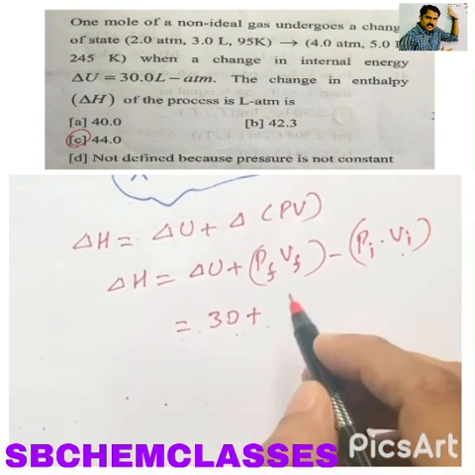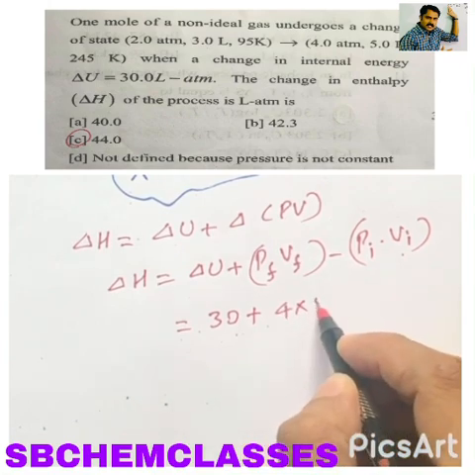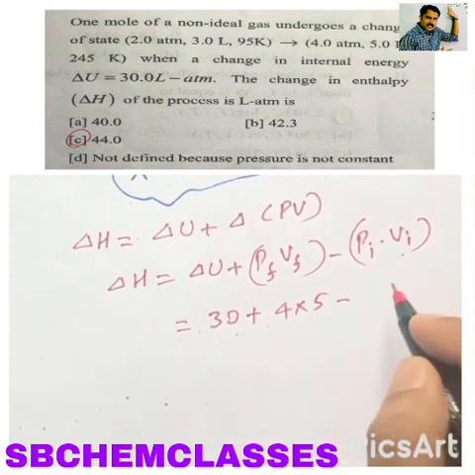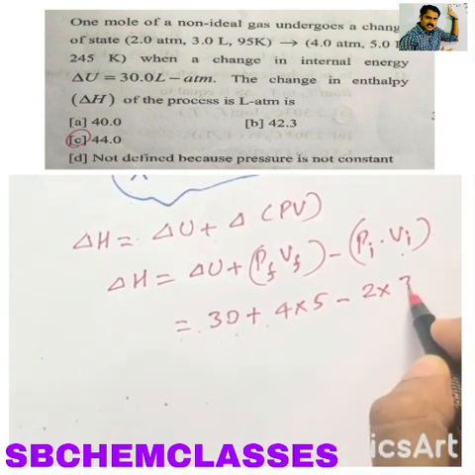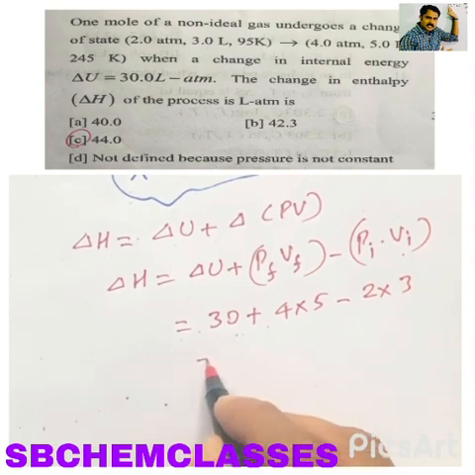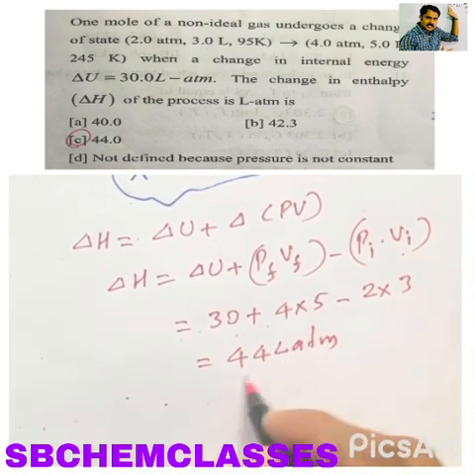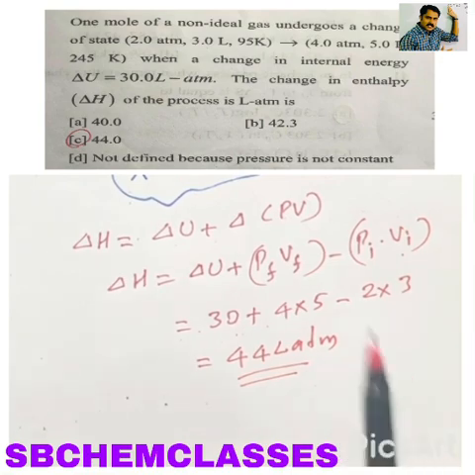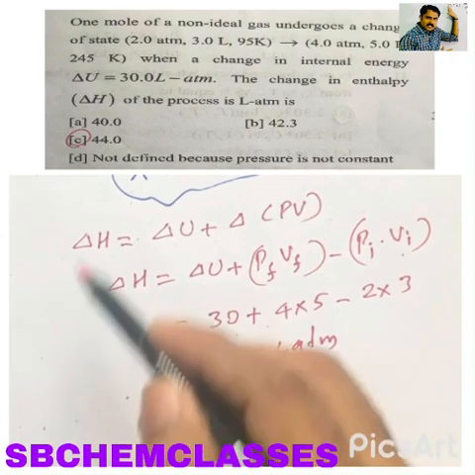Final pressure equals 4, final volume equals 5, minus initial pressure equals 2, initial volume equals 3. By calculation, we will get the answer 44 liter atm. This is a very important question because both the pressure and the volume change, so this method is used.